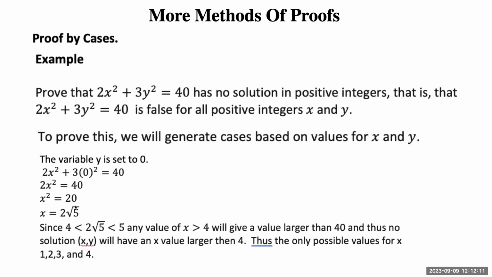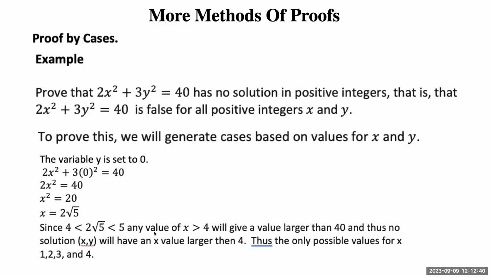Now, 2 square root of 5 is bigger than 4, less than 5. It's not an integer, but it falls between 4 and 5. Since I'm only plugging in integers, if I take 5 and plug it in for x, I'm going to get 50, right? And regardless of what y is, plugging 5 into x gives me 50, so I'm already too big to be a solution.